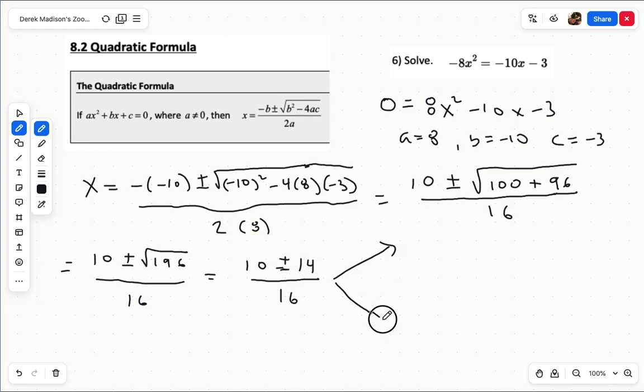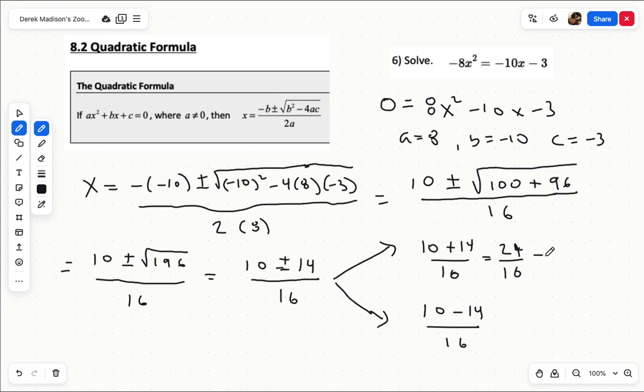So 10 plus 14 over 16, or 10 minus 14 over 16. Okay, so 10 plus 14 would be 24 over 16.